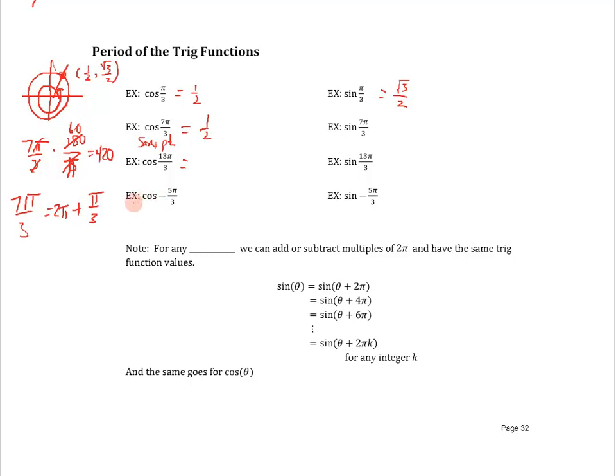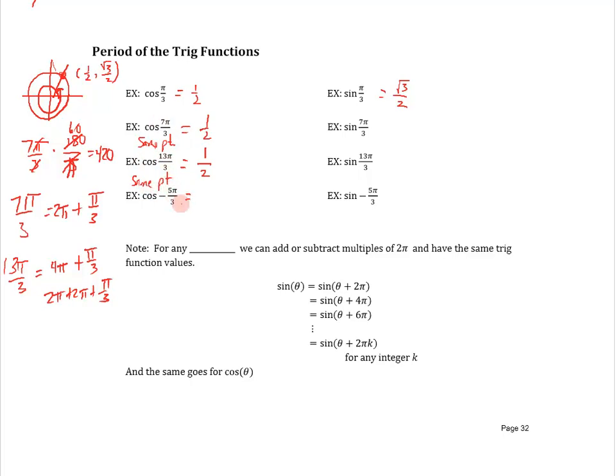Cosine of 13 pi over 3 is 4 pi plus pi over 3, or 2 pi plus 2 pi plus pi over 3. Notice that's one rotation, another rotation, and then plus pi over 3. You're at the same point again. What are you seeing? It's repeating itself.